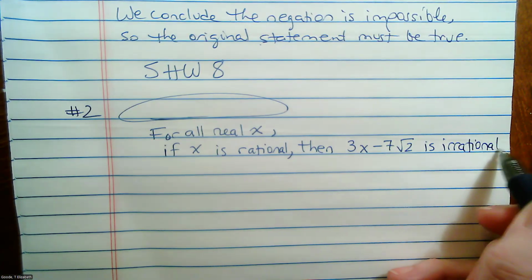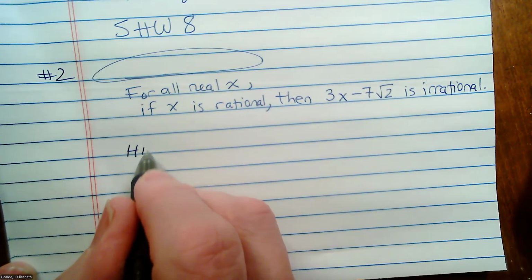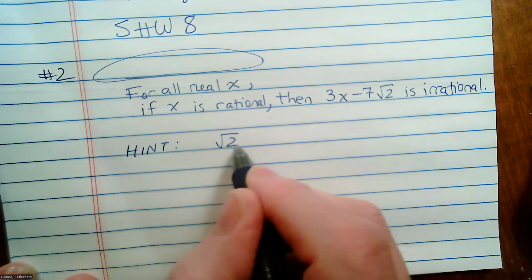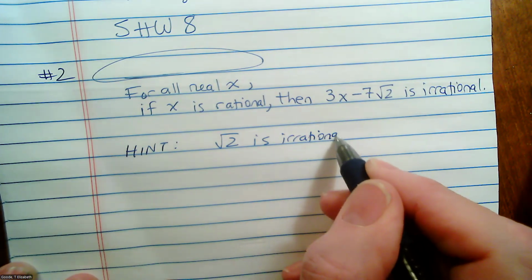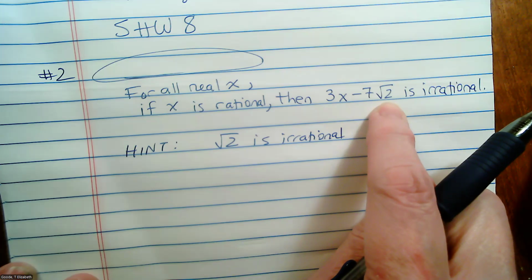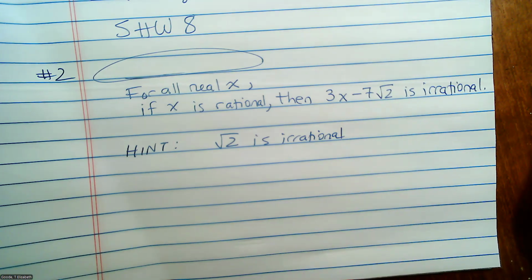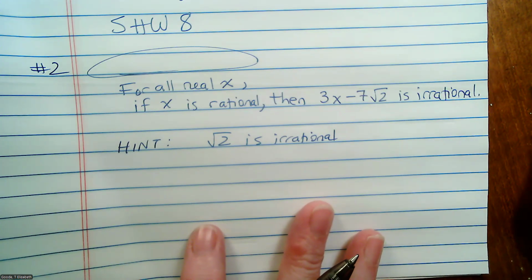And you were told square root of 2 is irrational and that you can use that fact. So instead of a y for our irrational, we have root 2. Root 2 is like the y.